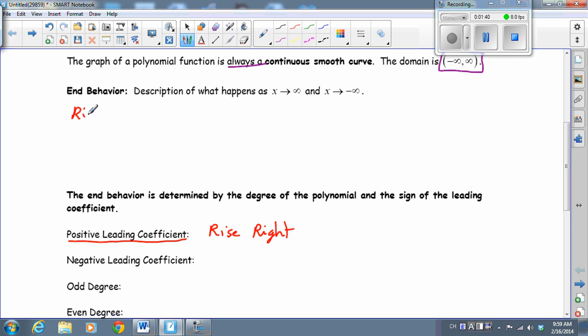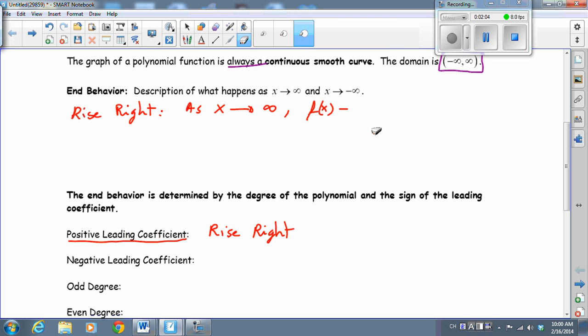If it rises right, it actually means that as x approaches infinity, f of x will approach... I'm sorry, we're saying rising. So as x approaches infinity, f of x also approaches infinity.